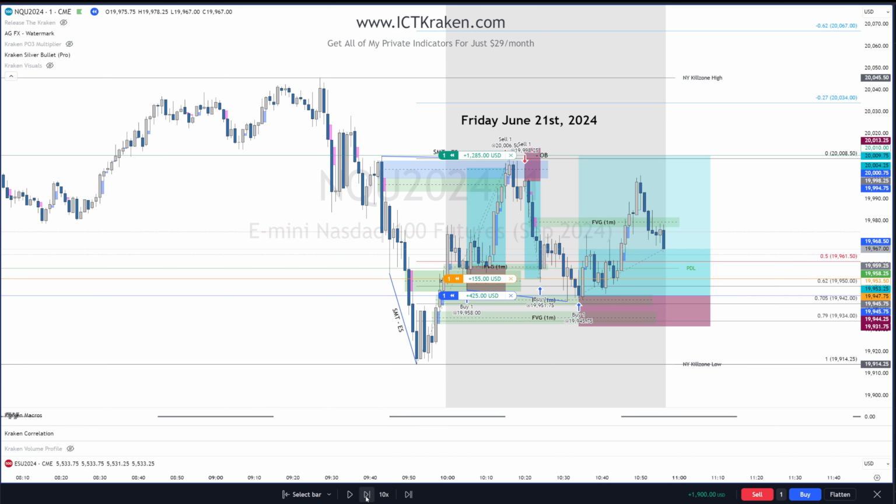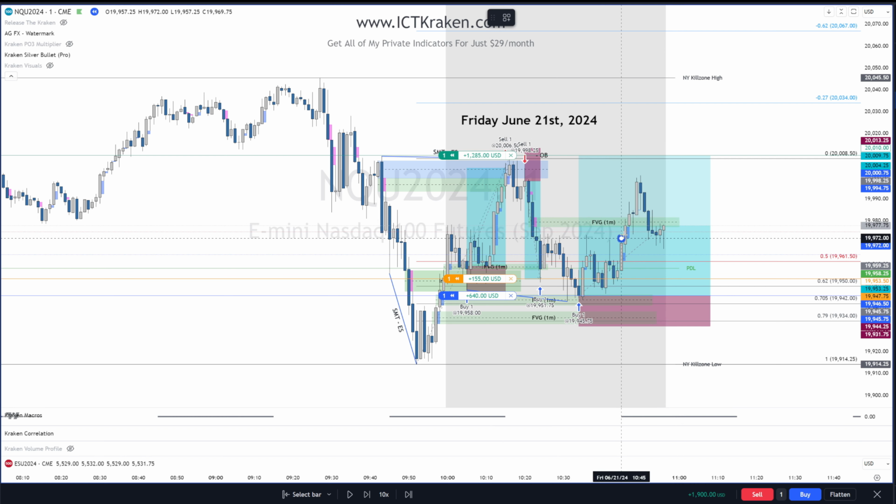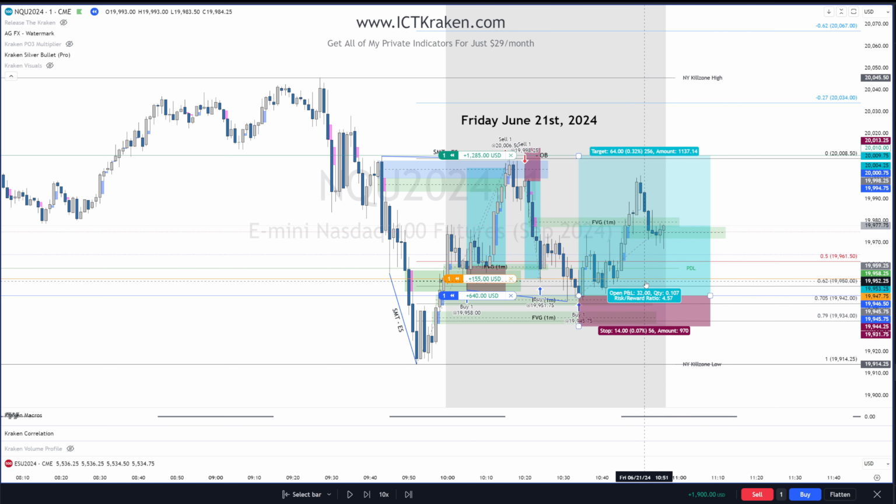Come on, go up. What I'm not a fan of is this basically is now an inversion, so now I could hold price down. So I need it to trade back through it, and then this would be irrelevant. But you have this fair value gap right here holding price, which is good. This is in favor of my trade. So that one's in favor of my trade. This one is not, so it's kind of conflicting.